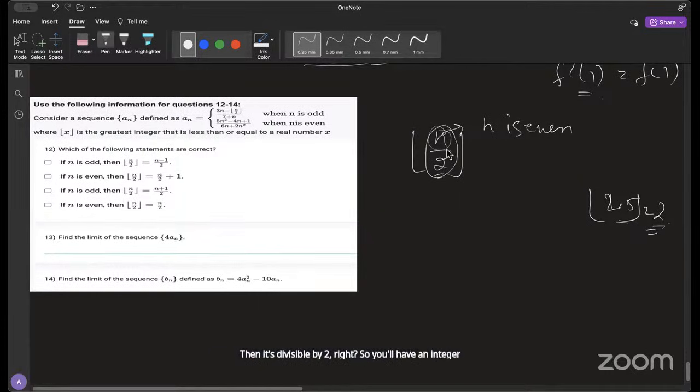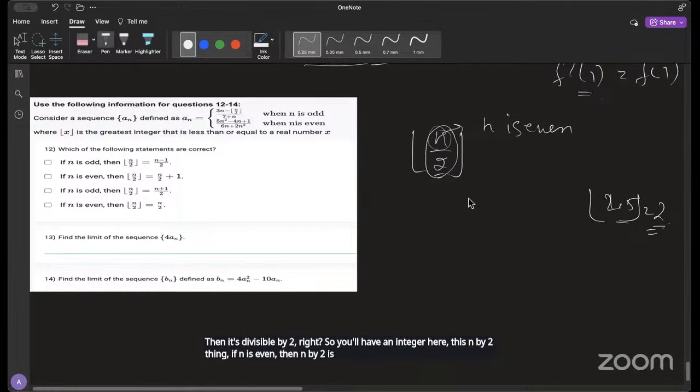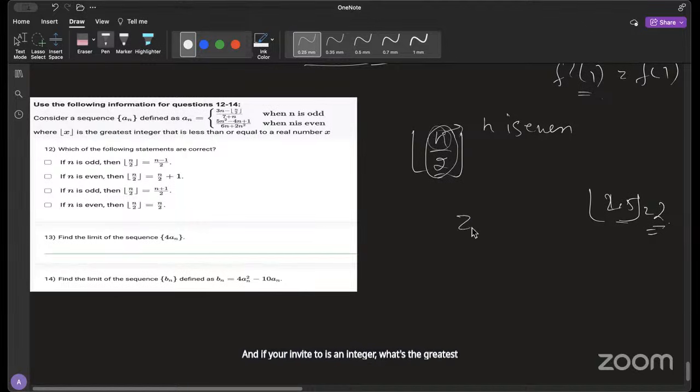If n is even, then n by 2 is an integer, and if you have x here, where x is an integer, then the floor of it is x only.